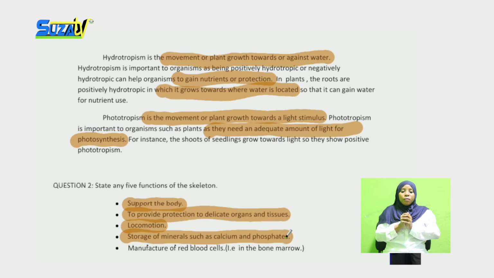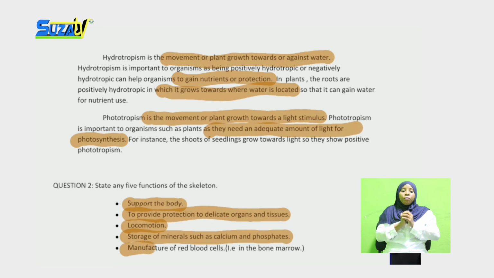So the skeleton is not only a support system, a locomotion system or a protection system, but also provides a storage place for various minerals such as calcium, which strengthen the bones and teeth. Also we have phosphates, which have nearly the same function, and many other minerals which are stored in the bones.